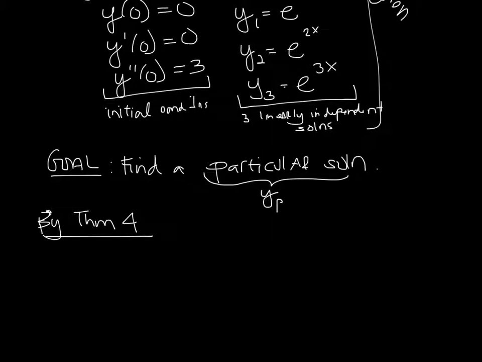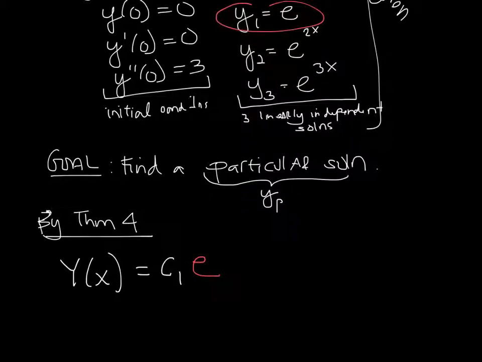We have our general solution, capital Y of x equals C1 y1 of x, which is e to the x. I was missing the e to the x there, I just did not write that down correctly.